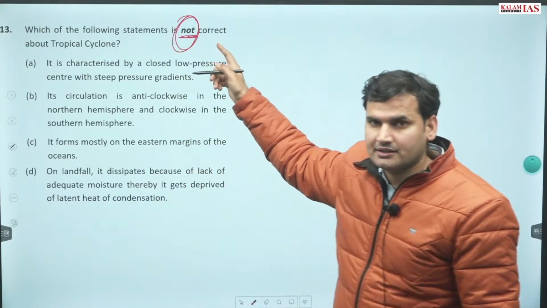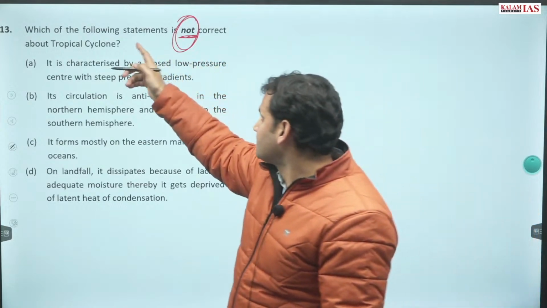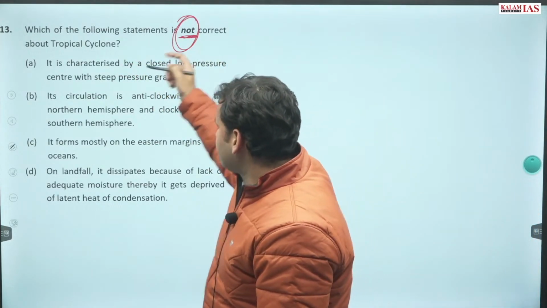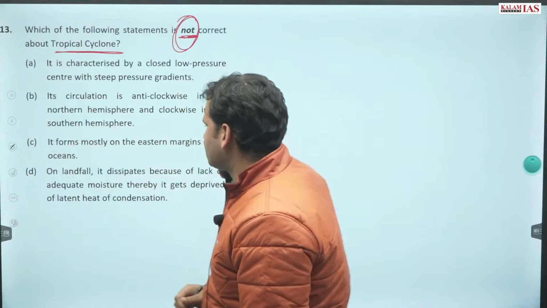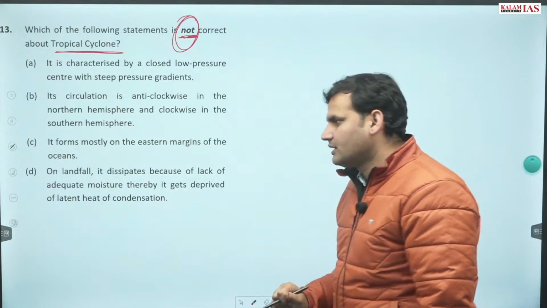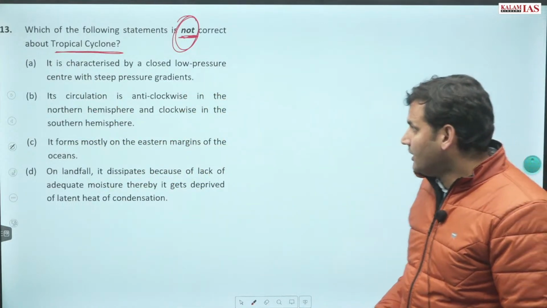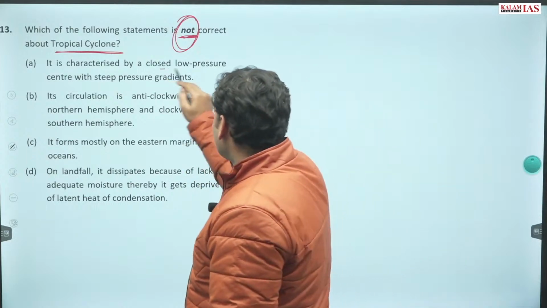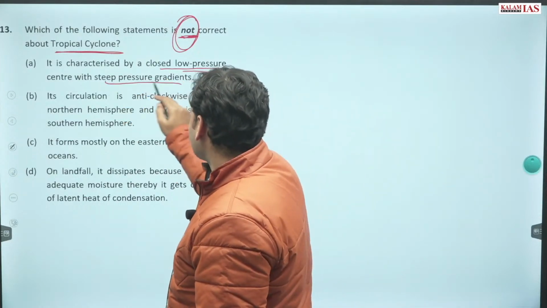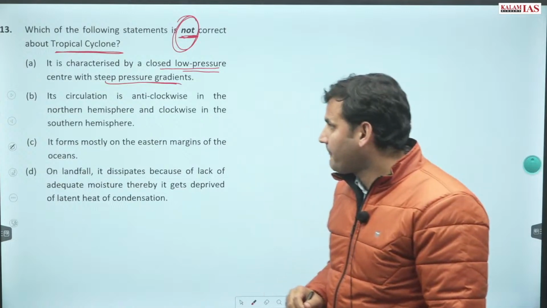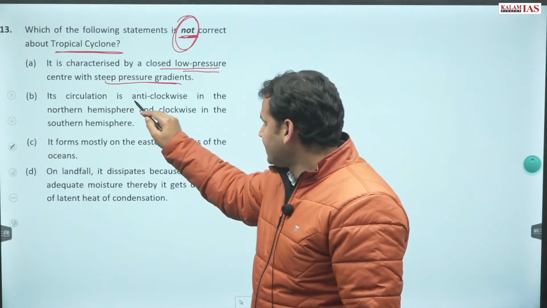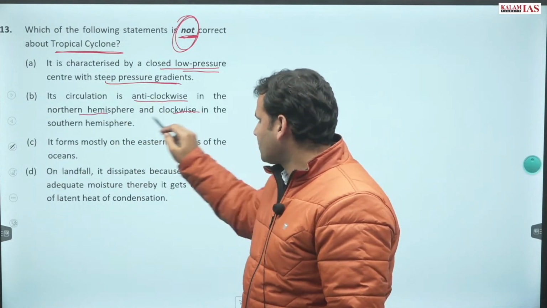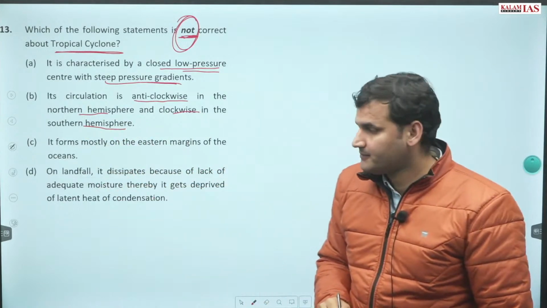Which of the following statements is not correct? So don't miss it, don't make a silly mistake. Which of the following is not correct about tropical cyclones? Four statements have been given. It is characterized by a closed low pressure center with steep pressure gradients. Its circulation is anti-clockwise in the northern hemisphere and clockwise in the southern hemisphere.